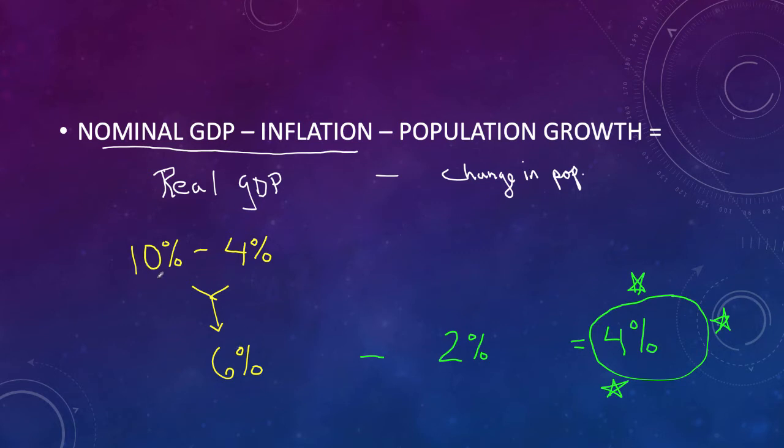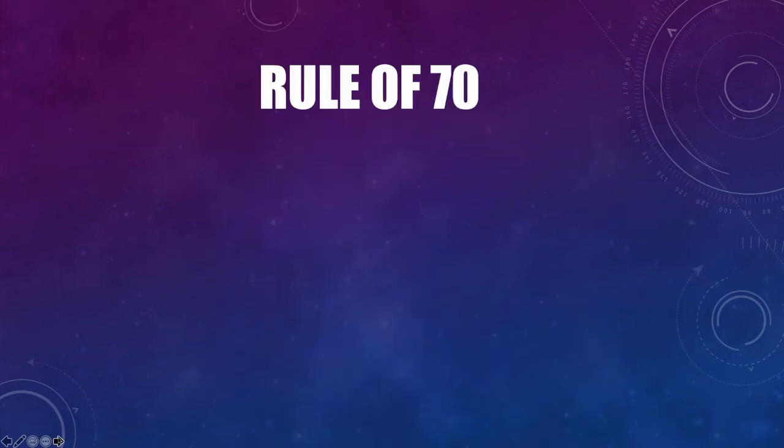But these numbers are actually extraordinarily important and have immense impact on how quickly the standard of living of a country can change. Let's take a look at why that is, why these seemingly insignificant small numbers can have such monumental impacts in terms of economic growth and changing people's standards of living.